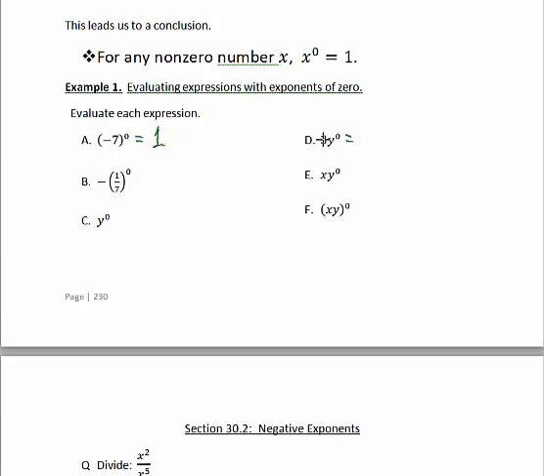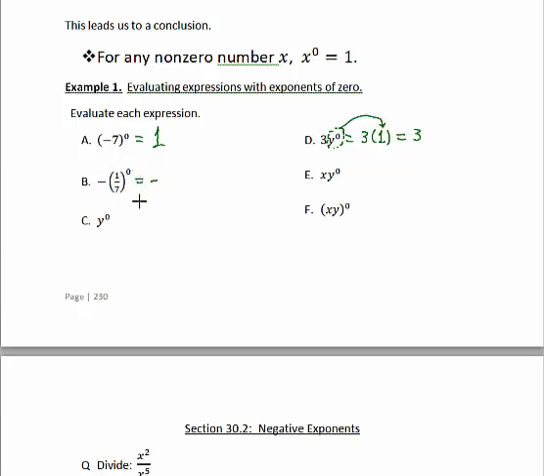In this case, the 3 and y are not included in parentheses, so the 0 only applies to the y, and so y to the 0 ends up being 1, and then we take that result and multiply it by 3. The 0 did not apply to the 3, and so in this case, our answer is 3. For B, the 0 is only applied to what's in parentheses, so the negative isn't involved with the 0 exponent.